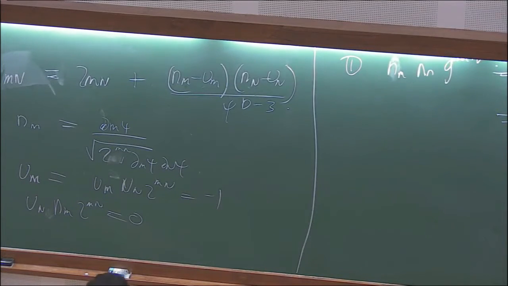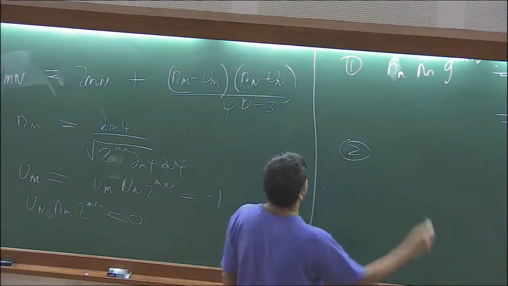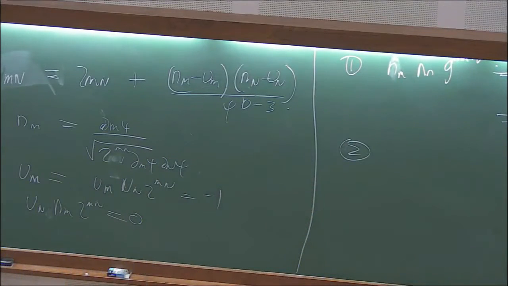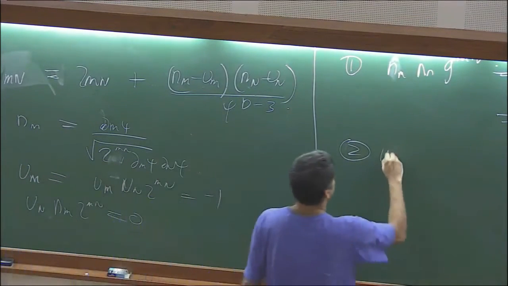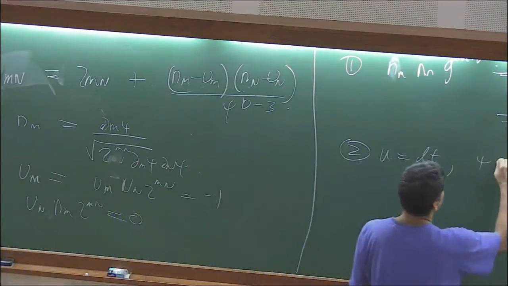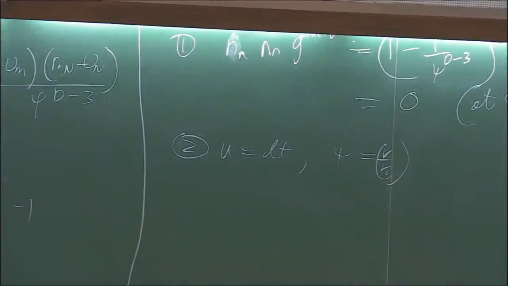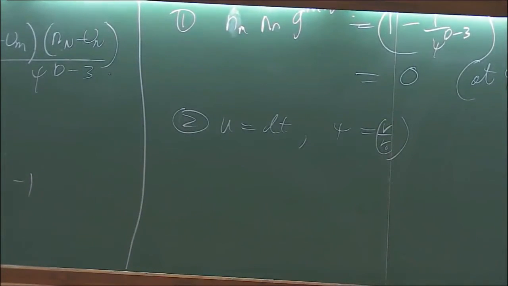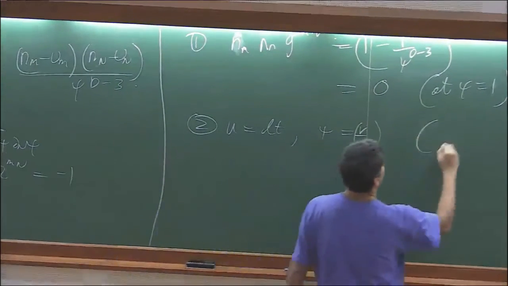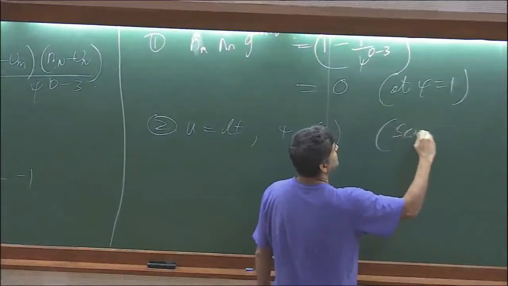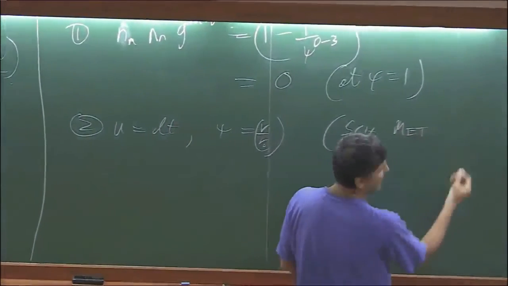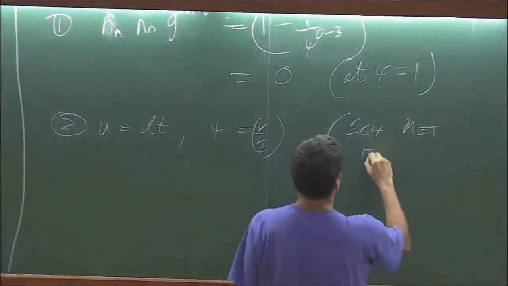The second thing to note about this is that if you look at the particular case, u is equal to minus dt and psi is equal to r by r naught. Just as a particular example, this metric here reduces to a very familiar metric. It's just the Schwarzschild metric in so-called Kerr-Schild coordinates.